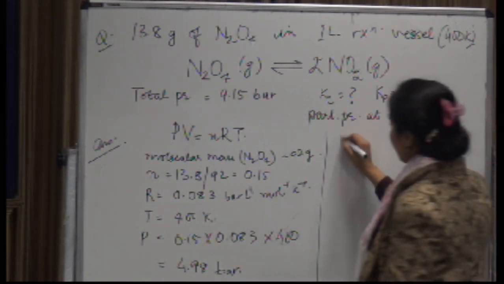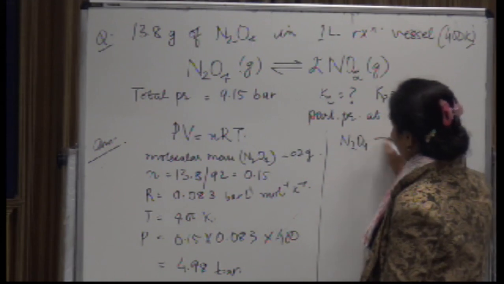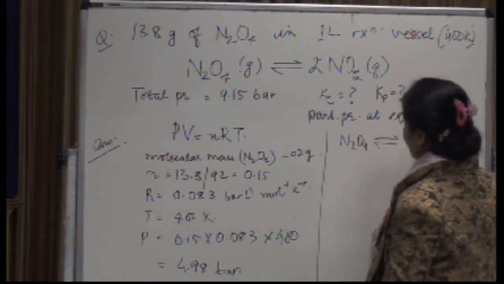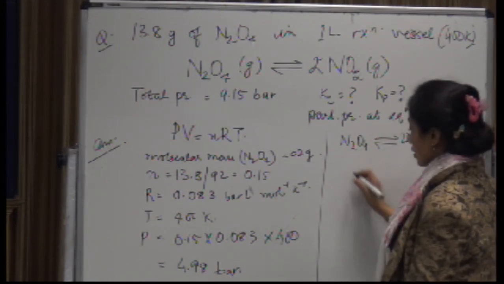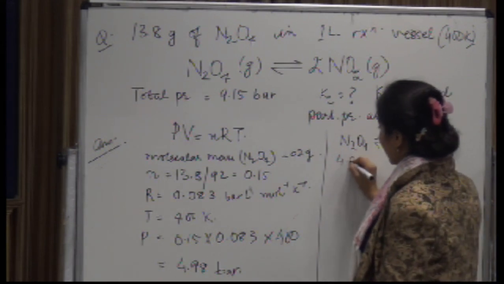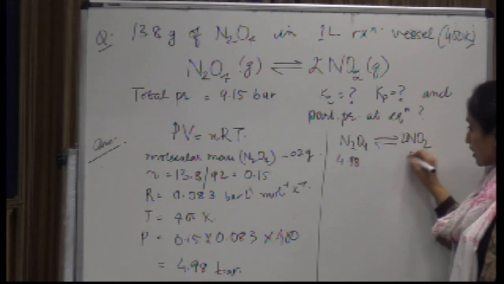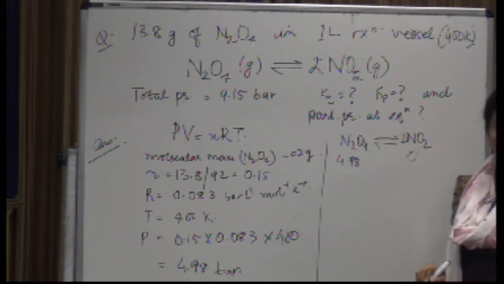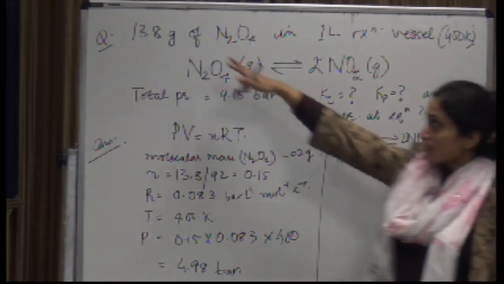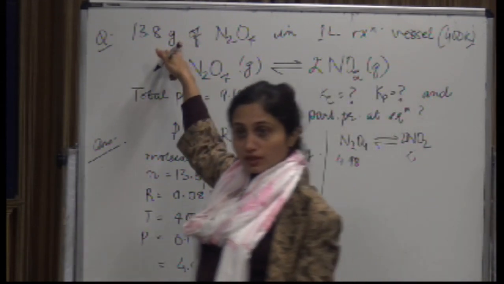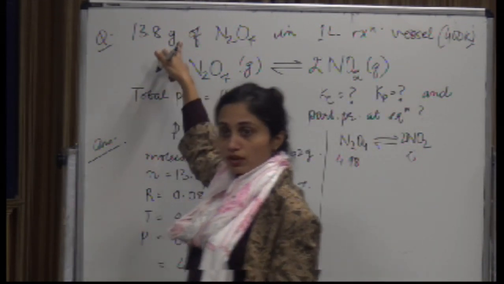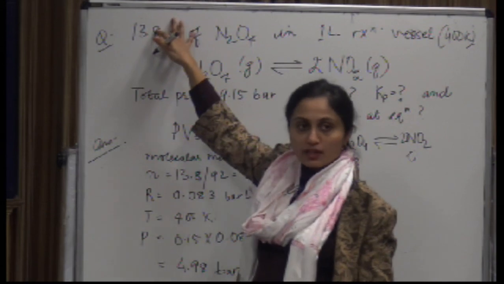Then you have your N2O4 in equilibrium with your NO2, right? So if you have 4.98 as the initial pressure, what will be the initial pressure here because of NO2? It will be 0, because this is the initial mass of N2O4 that was given to you.